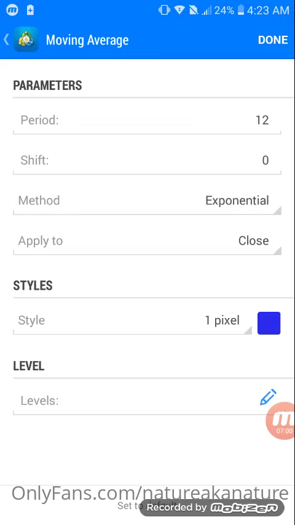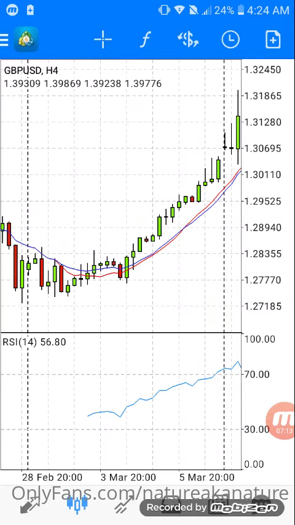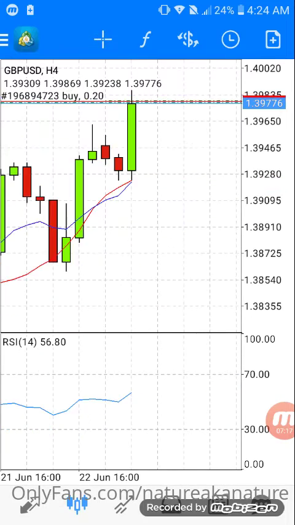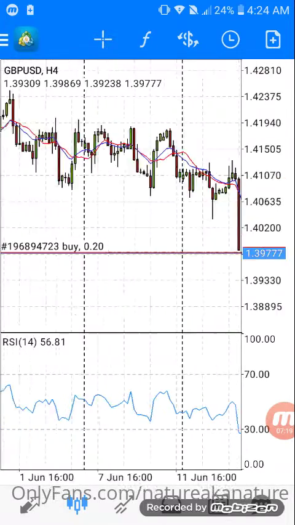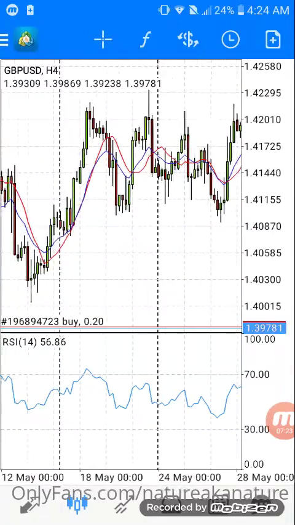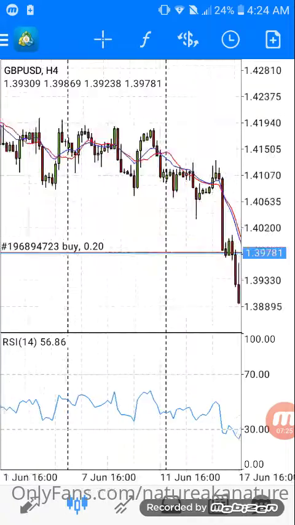A 12 period, close to 10, like 10 and 12, is good. And instead of simple, you change this one to exponential, which stands for EMA, and you make the color blue. So this is how we got here.